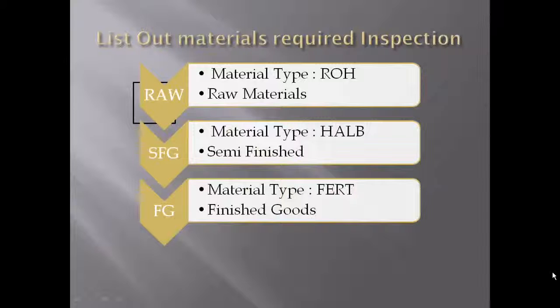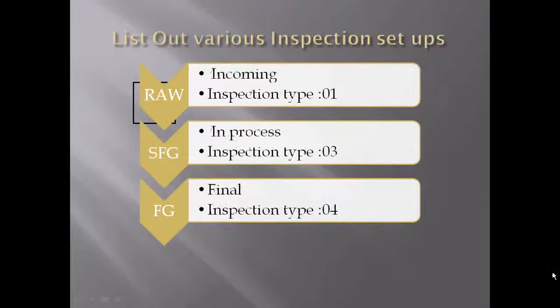Similarly, they will list out semi-finished and finished goods. So in SAP, the material type is ROH for raw material, HALB for SFG, FERT for FG. Similarly, how many inspection types they are using? If it is incoming, 01. If it is in process, 03. If it is final, 04. Like that, there are so many other inspection types which we will be learning.